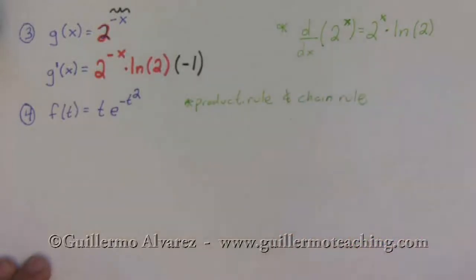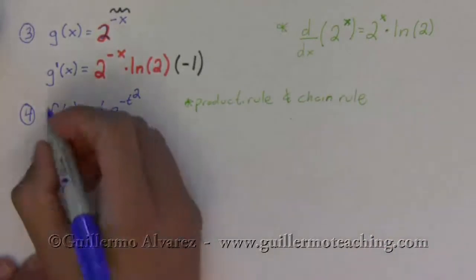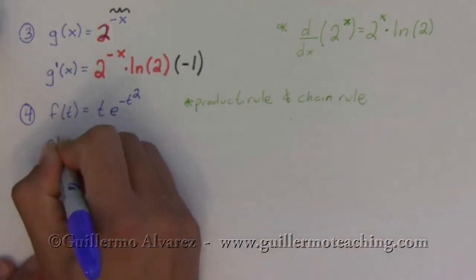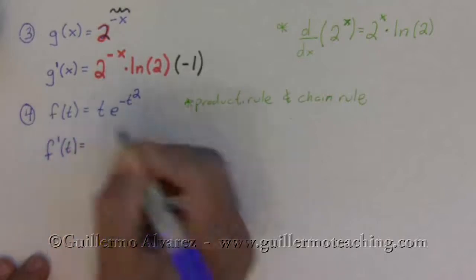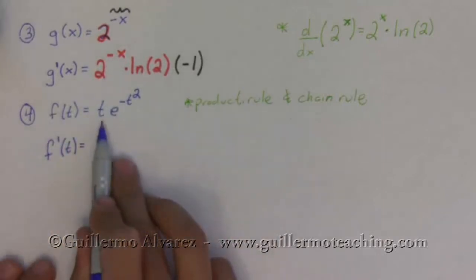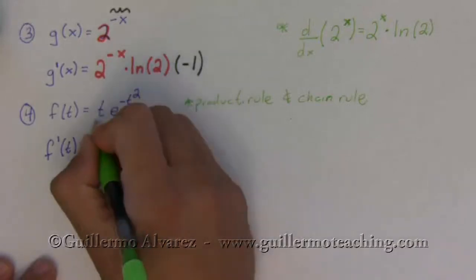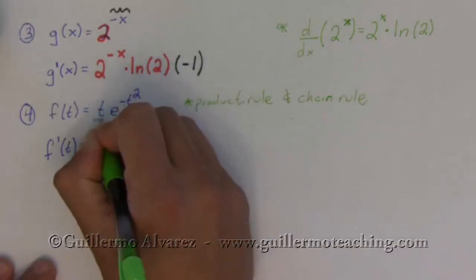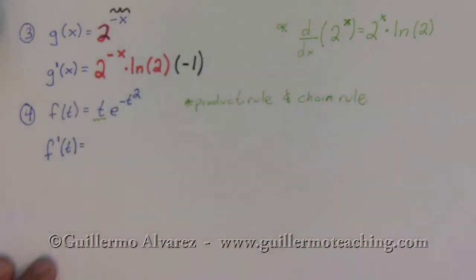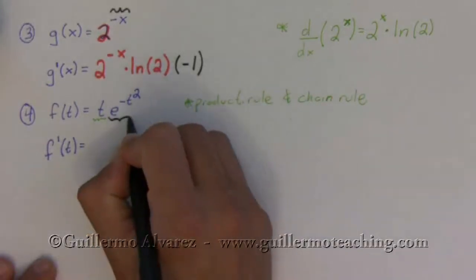So it's a double whammy. Okay, so let's get going here. So the very first part is that we have to use the product rule. And so this is going to be the first function, and then I'll do the second function, black.